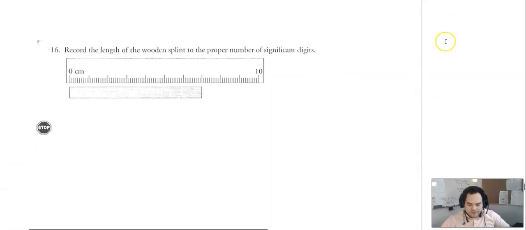Alright, so let's see. Meters measure length. Liters measure volume, or how much space something takes up. And grams measure how much mass or matter is in something.